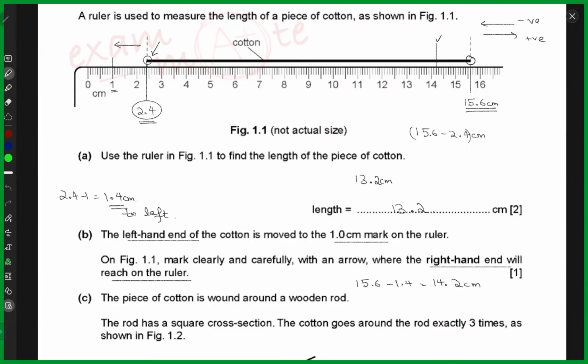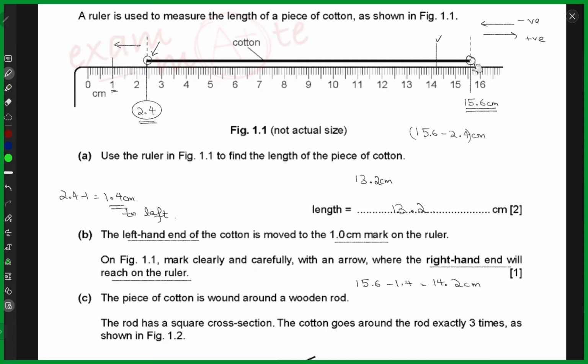So we had this part where the left hand end of the cotton is moved to the 1 centimeter mark. So you're taking this, okay, you can see the pointer, and you're moving it to this mark, the 1 centimeter mark. So you're just taking the cotton and moving it to the left.